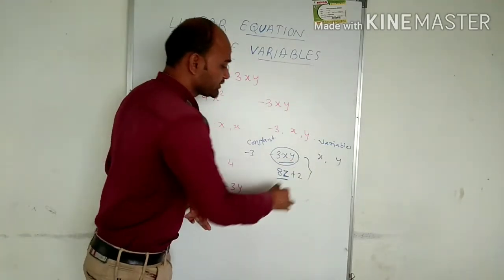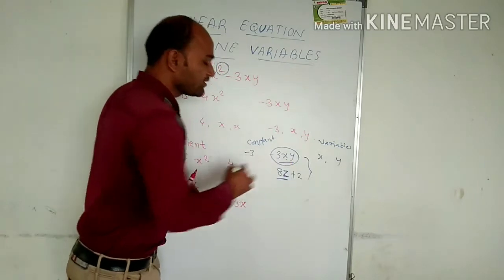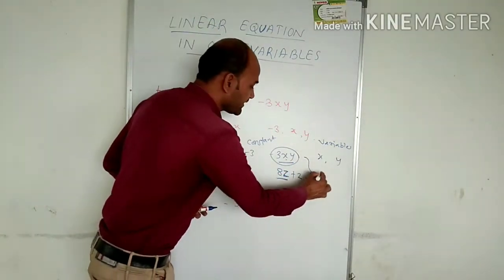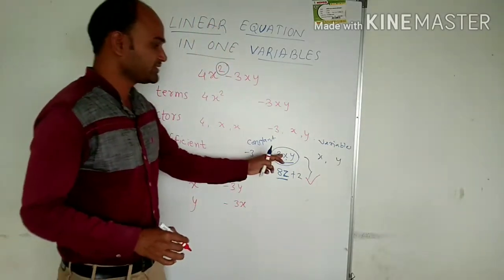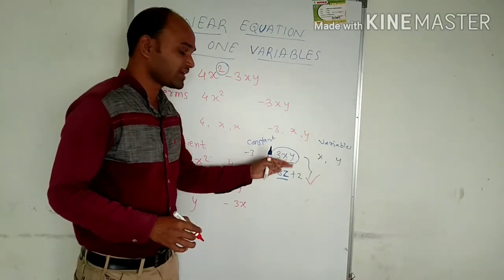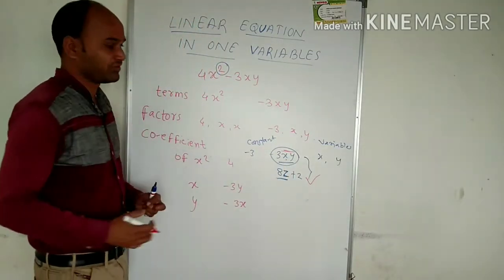These are linear equations, but these are not in one variable. Here the variables are 2 and here the variable is 1. So this is a linear equation in one variable, but the other is not, because the variables are 2 there.